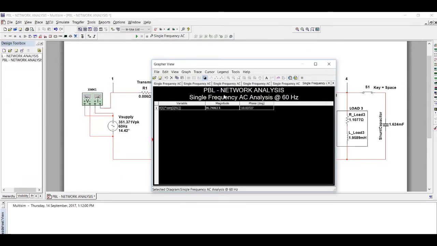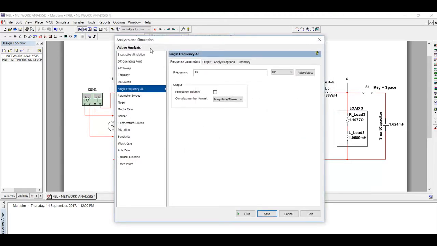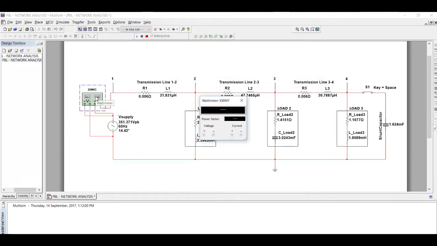To measure the total apparent power, we change it to magnitude and phase, and run the simulation, and this is the magnitude that we obtain, which is the total apparent power of the system after power factor correction.